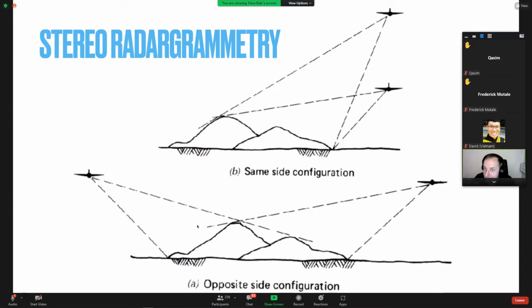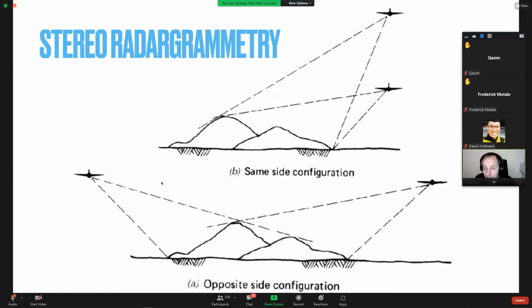The problem is, though, the larger your angle difference on the same side configuration, or also on opposite side configuration, where we have a very large difference, the more difficult it is to find the same point in both images.